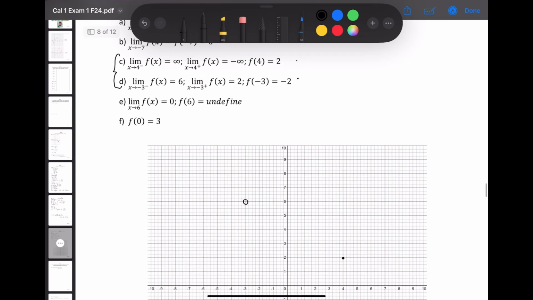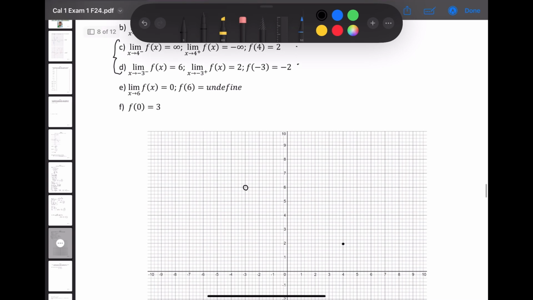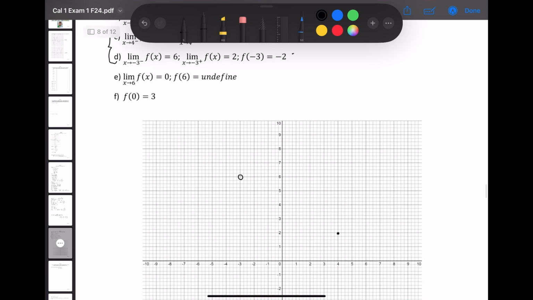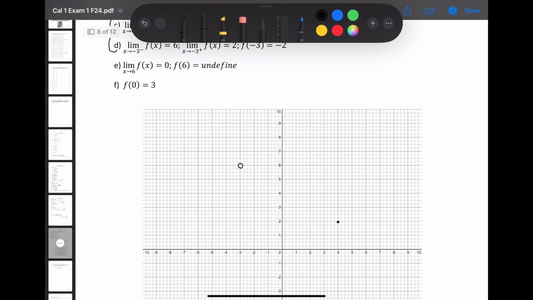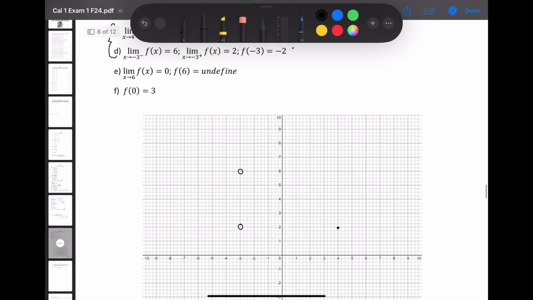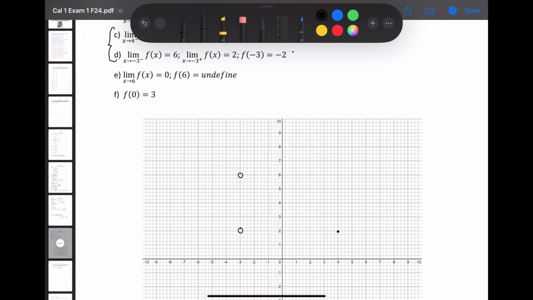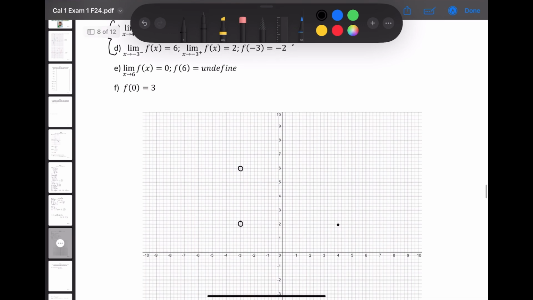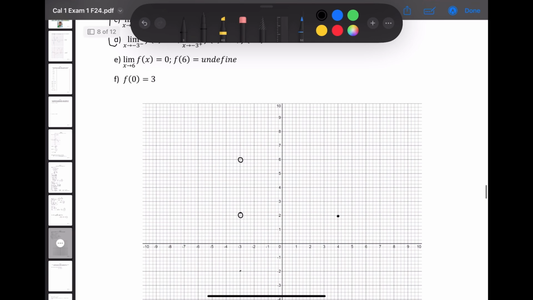When it includes limits, I usually leave the circles open. And then when it just says f of something, that's when you close your circles. So now we have limit negative 3 from the right, f of x equals 2. So we can go ahead and leave that one open as well. And then f of negative 3 equals negative 2. You see, in that one, we can go ahead and close the circle.